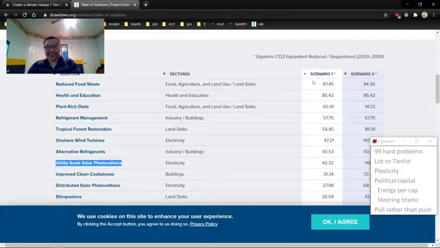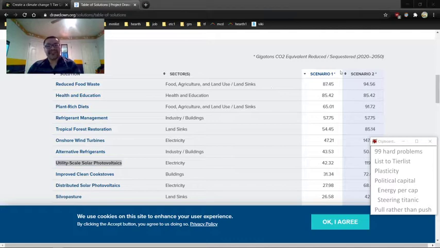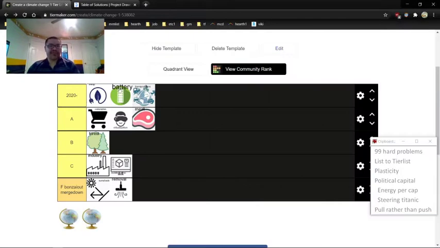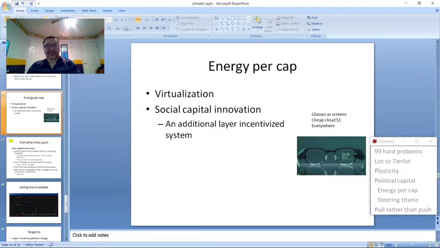This is related to this one. What particular concepts contribute most to the energy per capita?